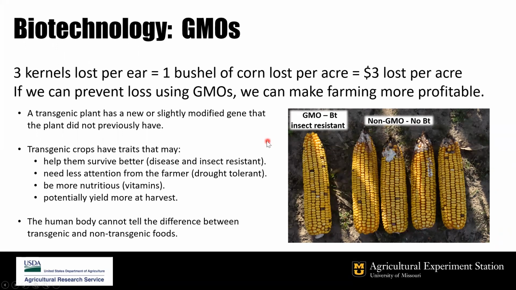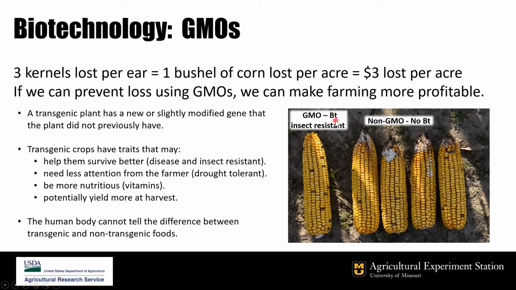And it's important to note that transgenic crops can offer several different advantages. They can allow the corn plants to become disease and insect resistant, drought tolerant. They can be more nutritious and potentially even yield more at harvest. And here you can see by introducing a gene from a bacteria, the gene is called BT, a crystalline protein from Bacillus thuringiensis.